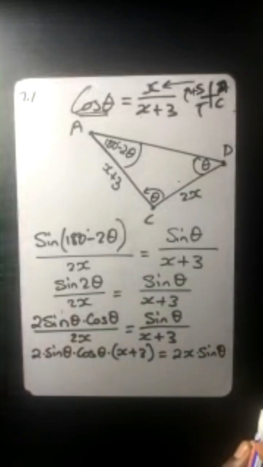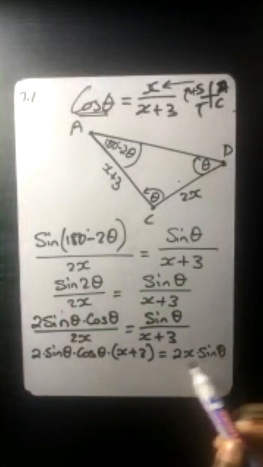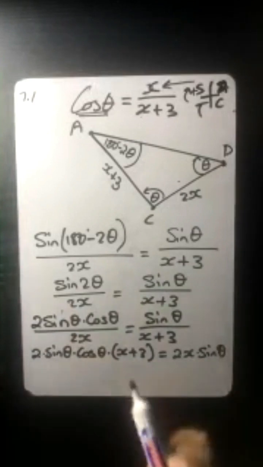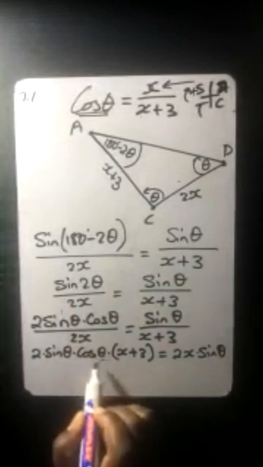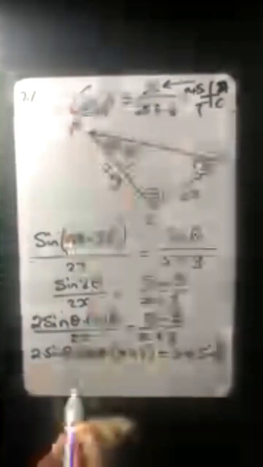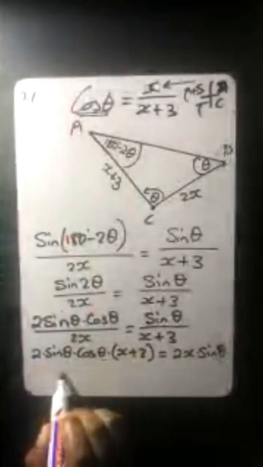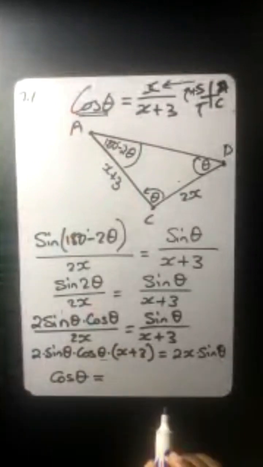I'm not sure if you guys realize something is cancelling something. This one is cancelling that, 2 is cancelling that. Remember, it is cos of the angle that we want to prove is equal to the whole of that. So on the right side, I'm just going to remain with cos of an angle.